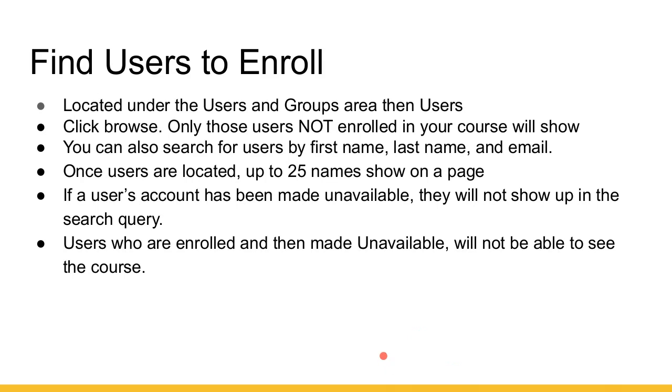So once you want to enroll students, this is a little bit of a workaround. I have found that if you are looking to enroll students and they are not under your node, sometimes you are able to bypass that node issue if you enroll students through this route.